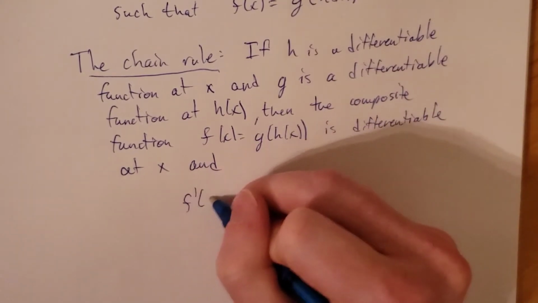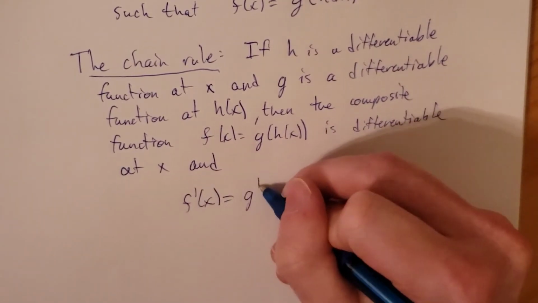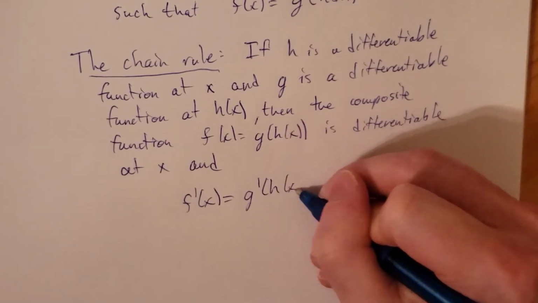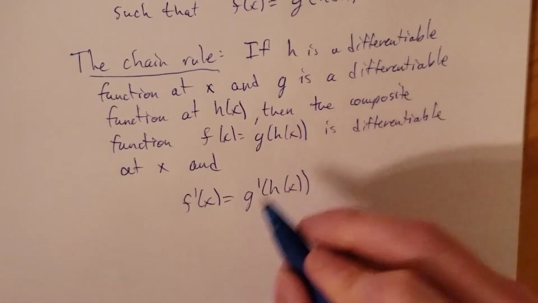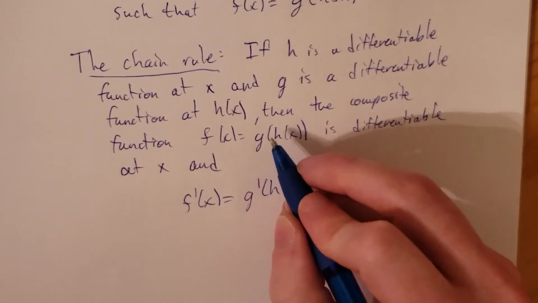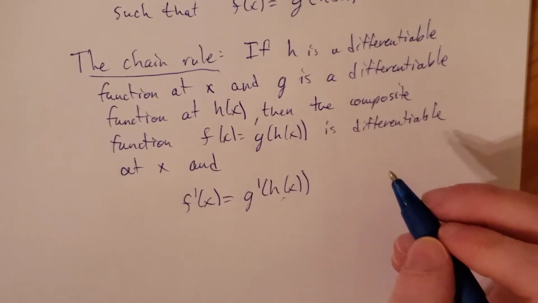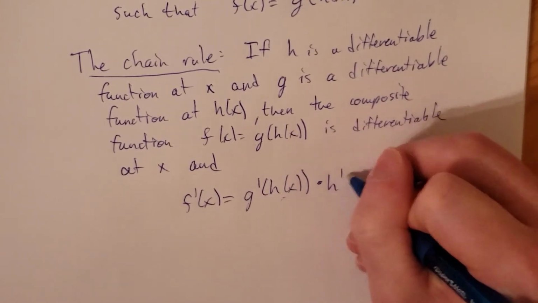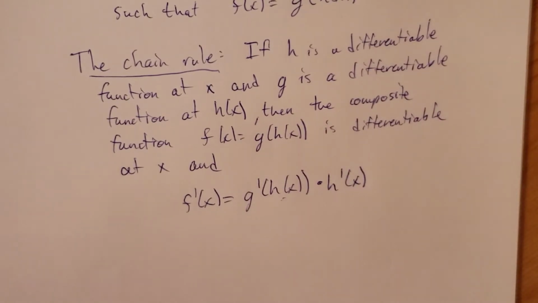Well, that derivative, f prime of x, is equal to g prime of h of x. So the derivative of the g function, evaluated at h of x, times the derivative of the h function.